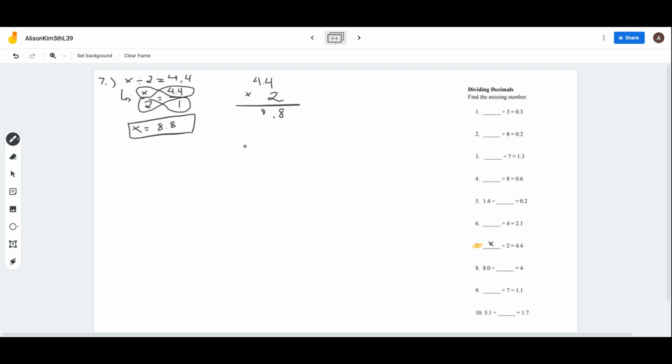You can check your answer by dividing 8.8 by 2, and you should get 4.4. 2 can go into 8 4 times evenly, and then we bring the decimal point up as always. Bring down the 8. 2 can go into 8 4 times. So 4.4 equals 4.4.